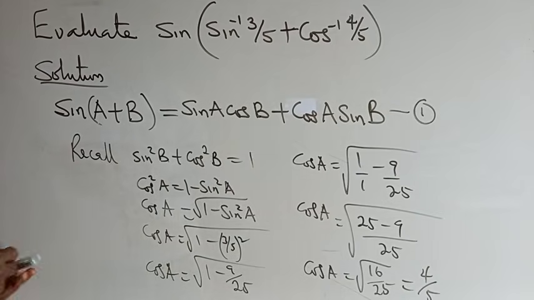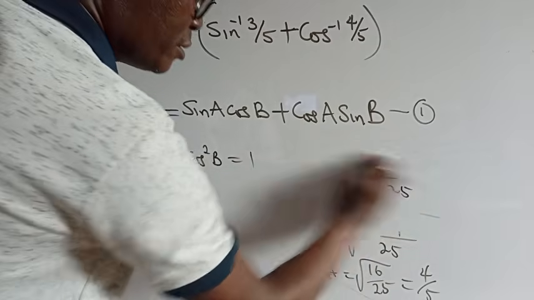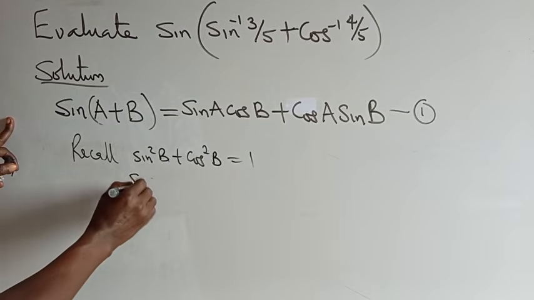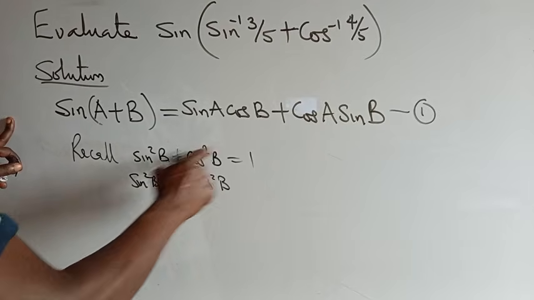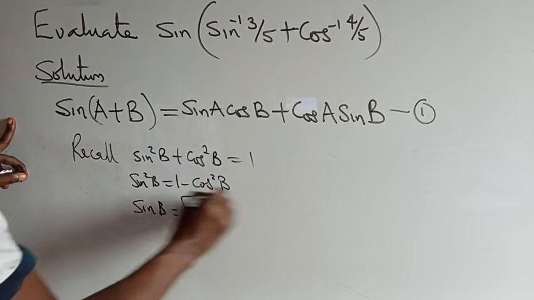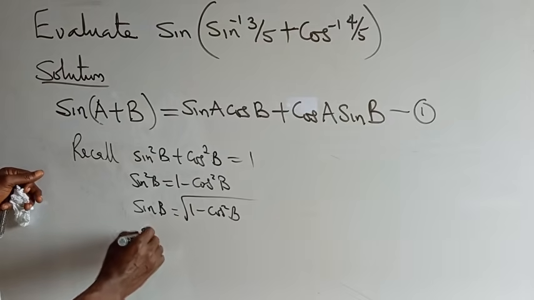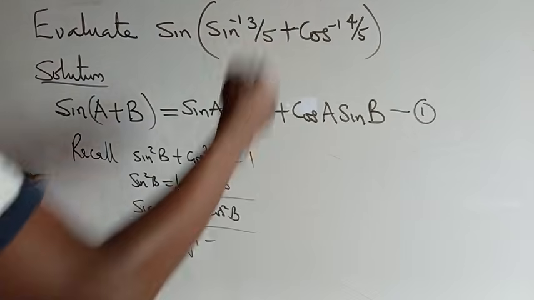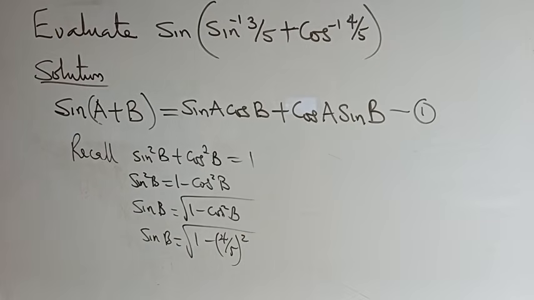So sine square B will be 1 minus cos square B. Finding the square root of both sides, sine B will be the square root of 1 minus cos square B. Our cos B is 4 over 5, that's 4 over 5 squared, just like we did for the previous one.